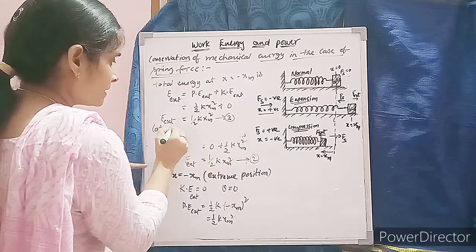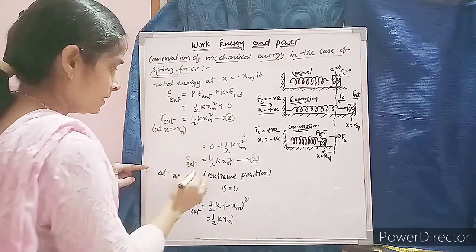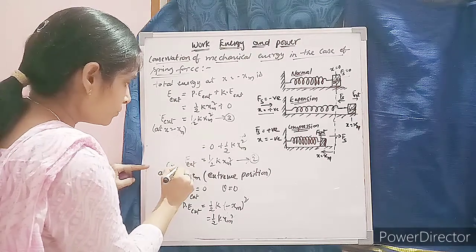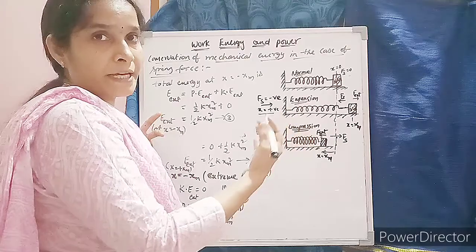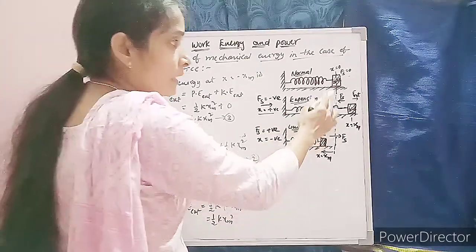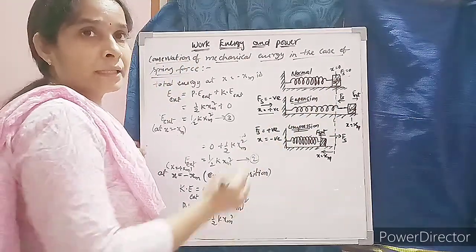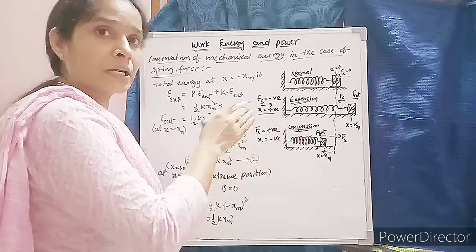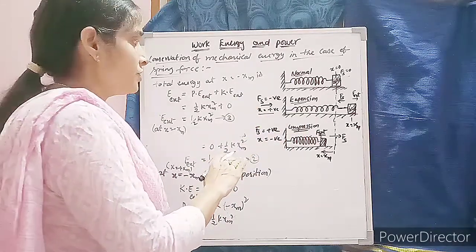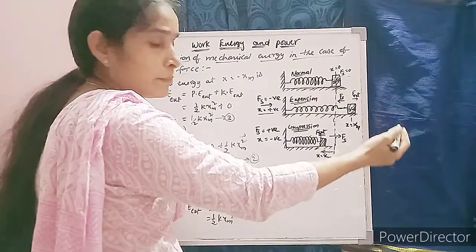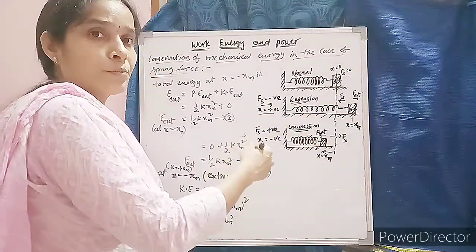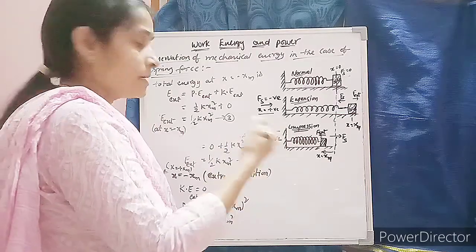At x is equal to minus xm and at x is equal to plus xm, the extreme positions, the total mechanical energy is same. Here at mean position, the potential energy is converted into the kinetic energy. Energy at mean position and extreme position in the positive x-axis and extreme position in the negative x-axis is same.